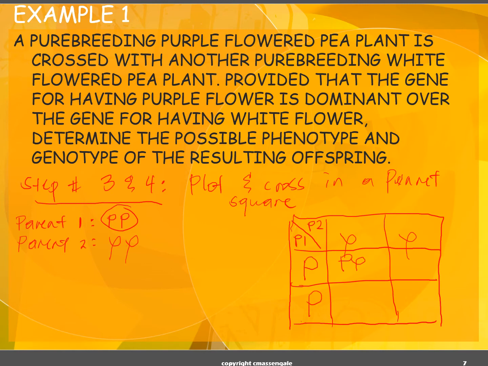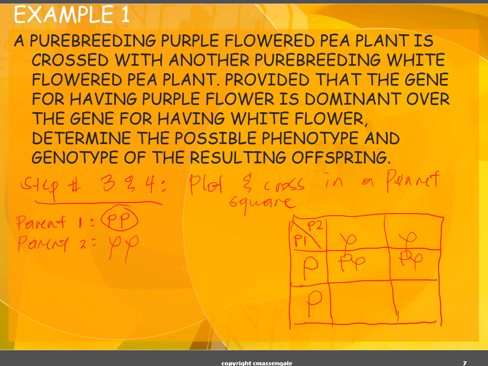We have capital P and small letter p, so the answer will be capital P, small letter p. And then next, we will cross this one, capital P, with this small letter p.